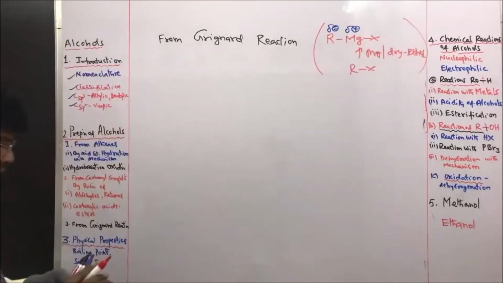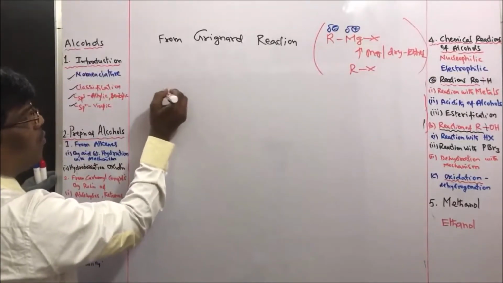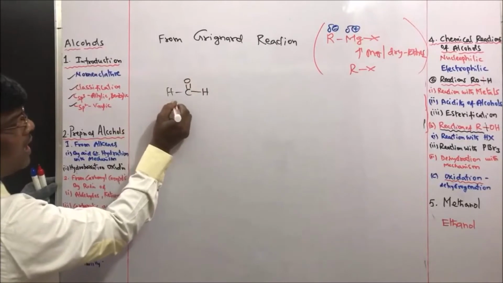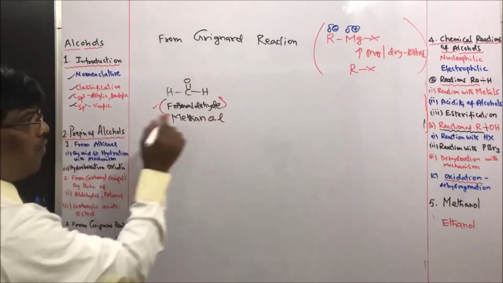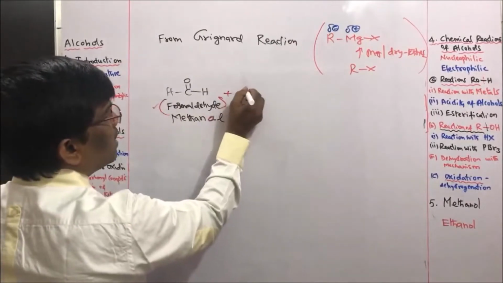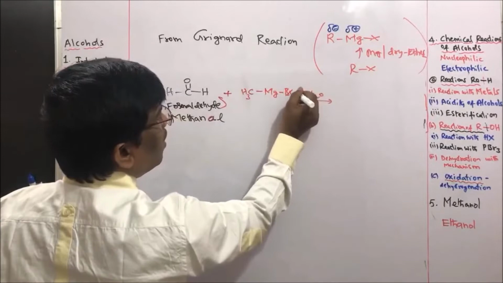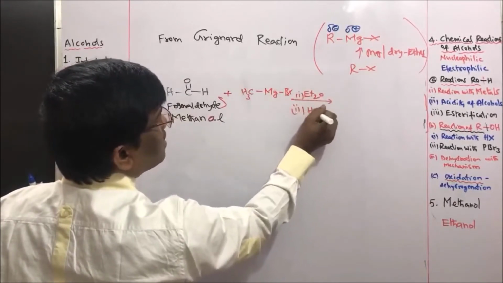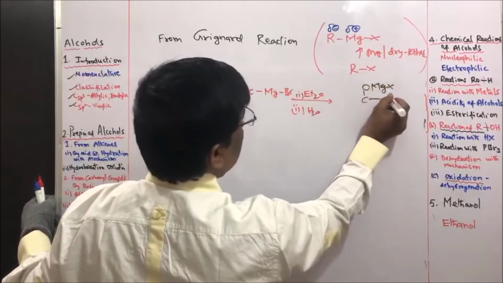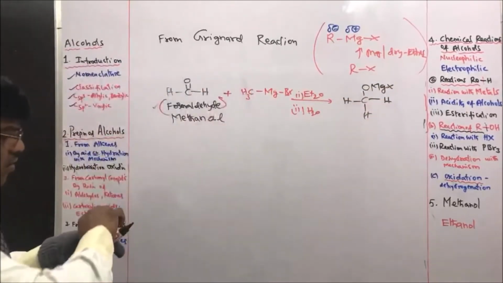Yes, students, when I treat this Grignard reagent with, for example, formaldehyde, so formaldehyde upon reaction with methyl magnesium bromide in ether, followed by hydrolysis, is going to form this magnesium halide complex. How is it going to form?